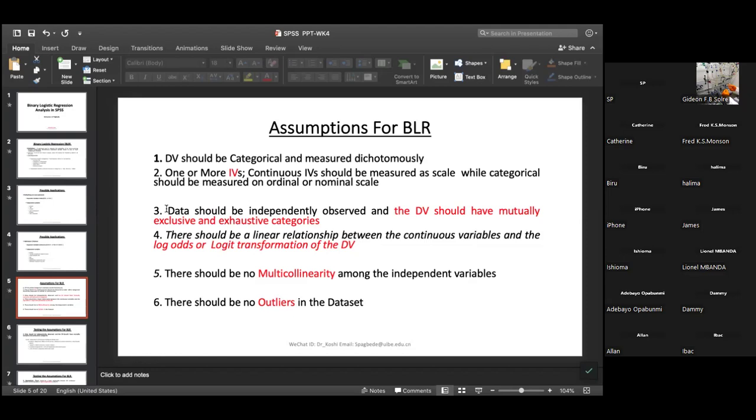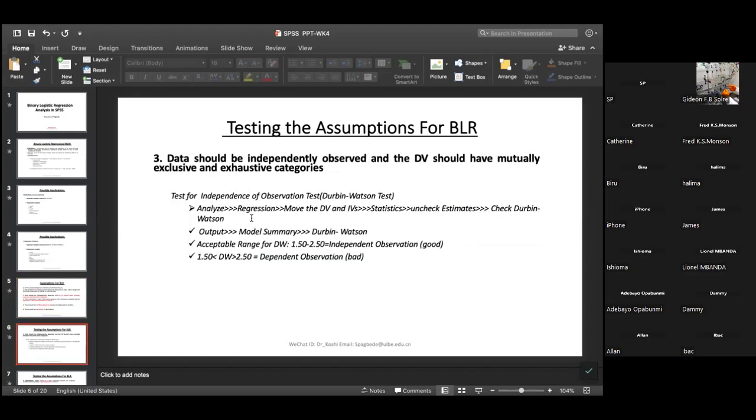The first one has to do with the independence of our observations, which we can perform using the Durbin-Watson test. Those who missed that session can go back to the videos and the PPT and replicate that. We did mention that the acceptable limit for the DW test is between 1.50 and 2.50.